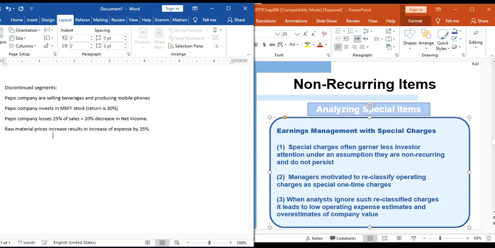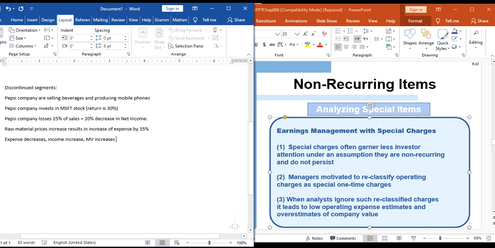So when expenses decrease, income increases, and this consequently causes the market value of the company to increase.